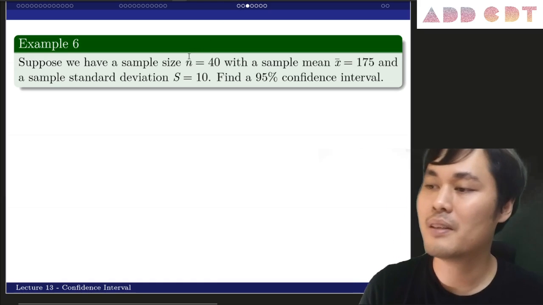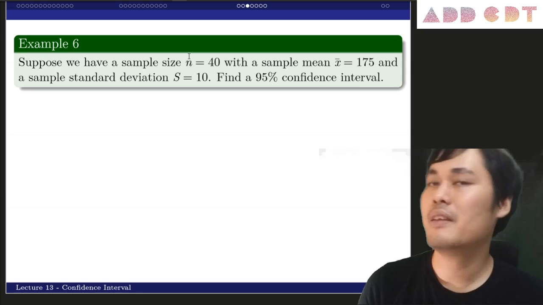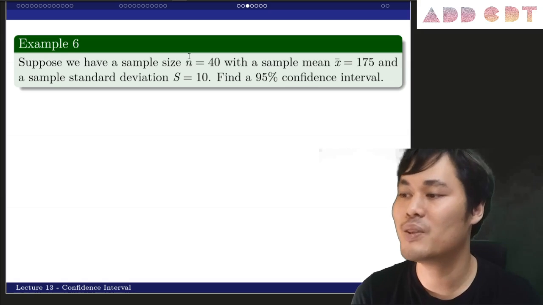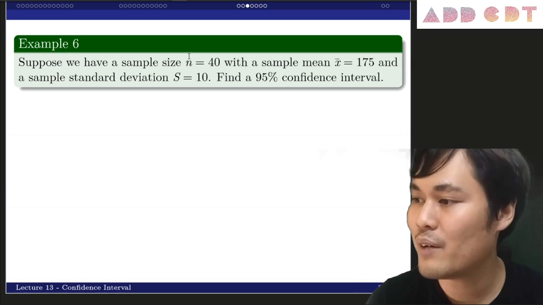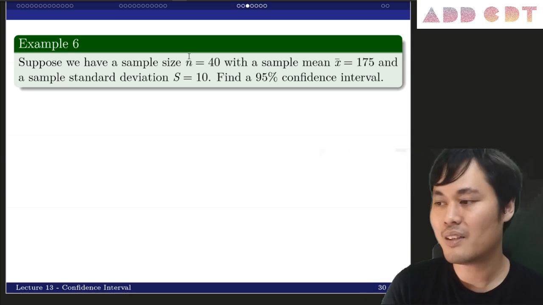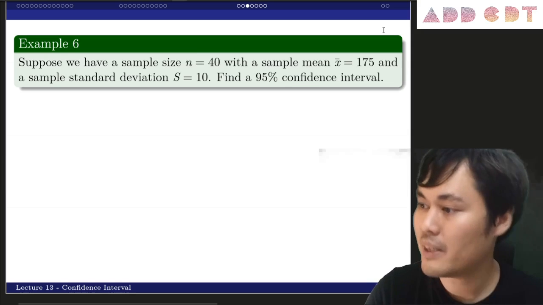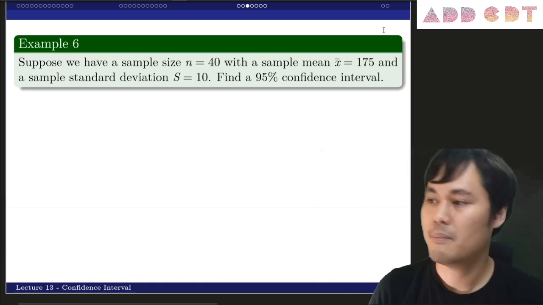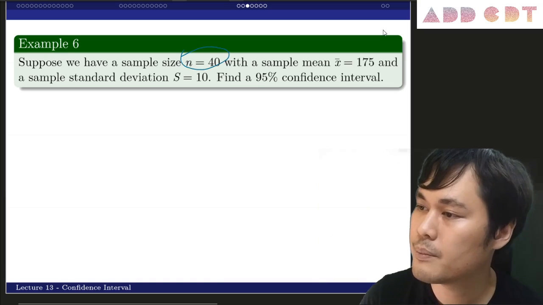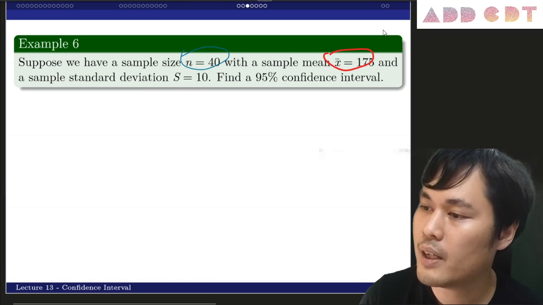You don't see "okay, sample size 40 means x bar." You're going to see something like, let's say you bake 20 cookies, and the average weight of those cookies is 0.5 grams or whatever. But here I'm just going to use numbers because I'm a math person. So we have n, we have x bar, we have s.